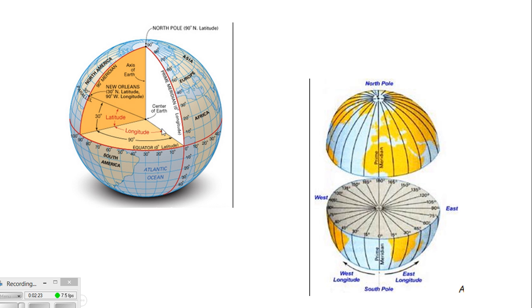Longitude is measured west and east from the prime meridian going through Greenwich, England, right here. Sometimes, if you're going to talk 30 degrees on the surface of the Earth, you're talking a big portion of the Earth's circumference. So if you're going to talk smaller portions, then of course we're going to have to use smaller angles. Let's talk about how we look at that.